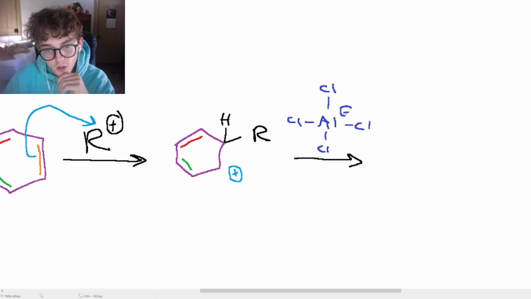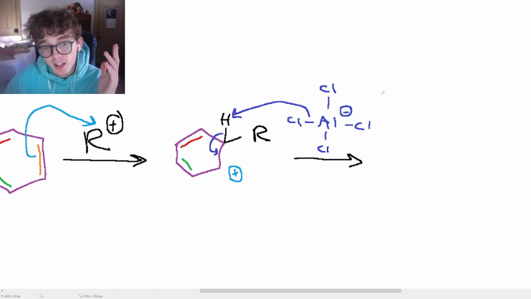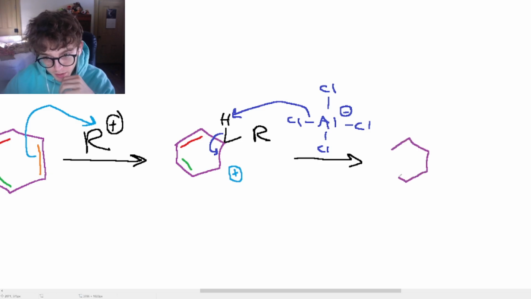Aluminum has a negative charge here, so chlorine doesn't hate the idea of picking up the hydrogen and eliminating into a pi bond here. And we get our catalyst back, and we're also going to get restored aromaticity.